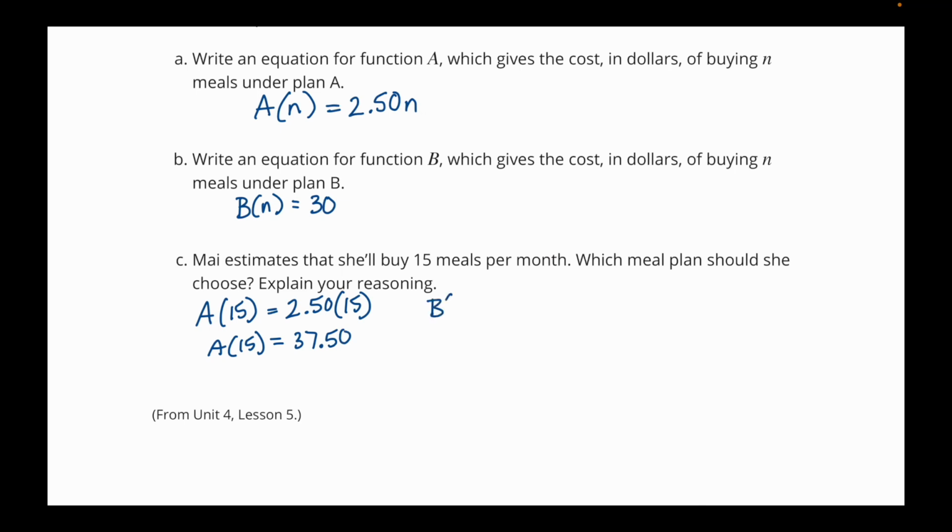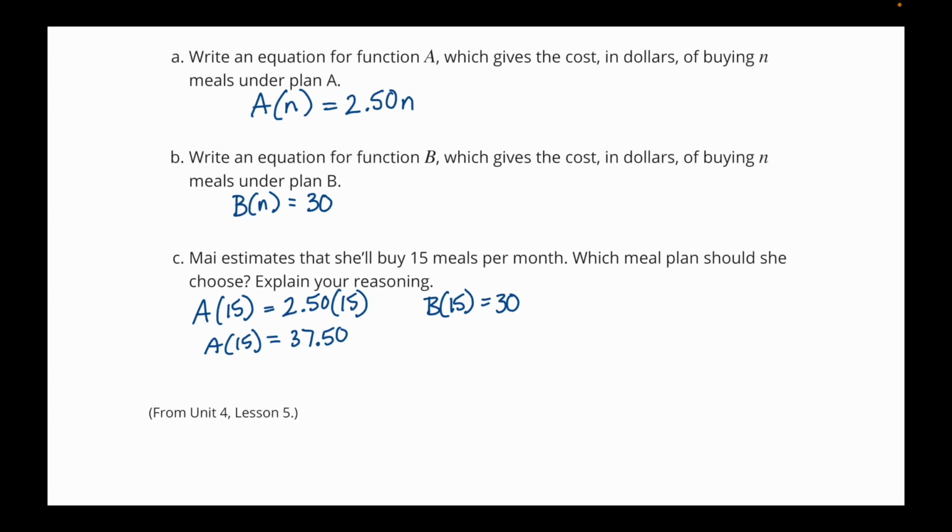And I know that B of any number of meals, even if it's 15, is still 30. So I would say that plan B costs less for that amount of meals. So I'm going to say plan B, because it will cost her less money.